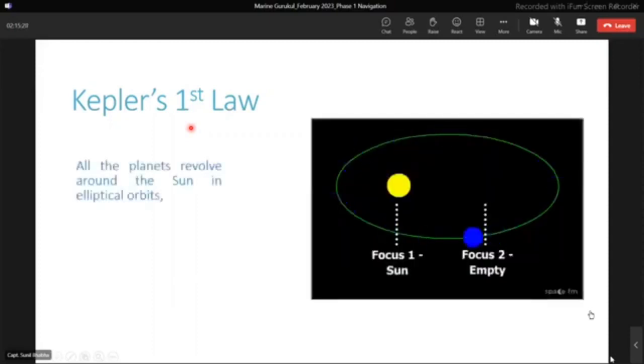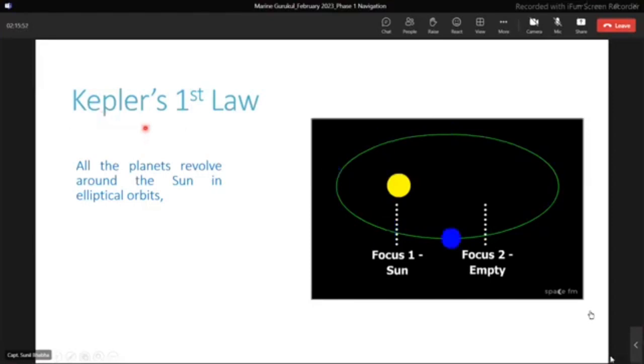The first law of Kepler states that all the planets revolve around the sun in elliptical orbits. As you can see, we have this blue color planet revolving around the sun in an elliptical orbit. The green color orbit which we see in the diagram has an elliptical shape.